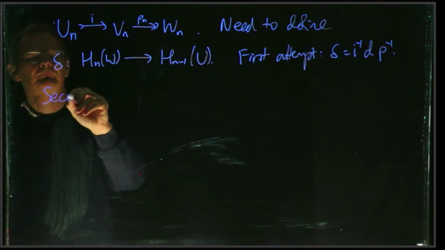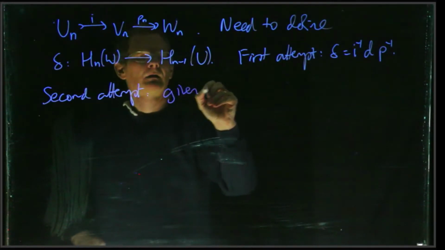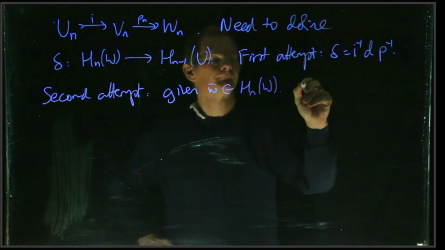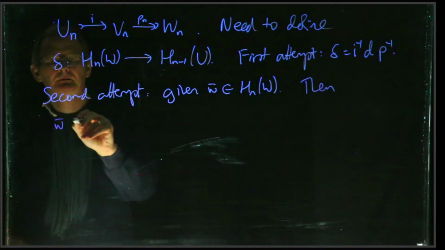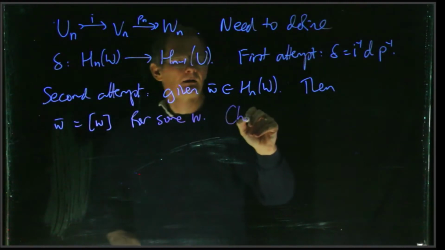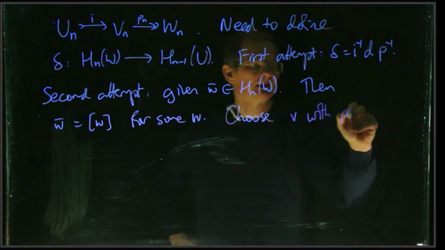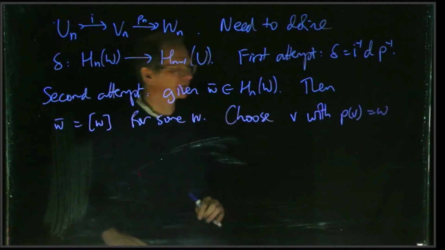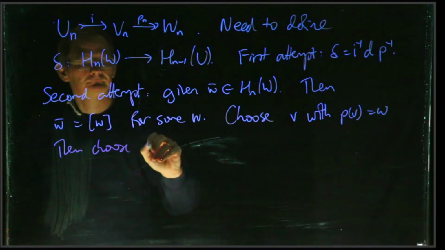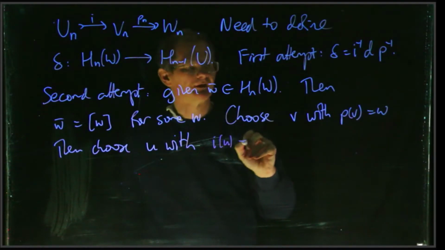So the second attempt. Given some W bar in H_n W, then W bar is the square bracket of W for some W. And then we choose V with PV equal to W. In other words, V is kind of a choice of P inverse W. Then I want to choose U with I of U equal to dV.